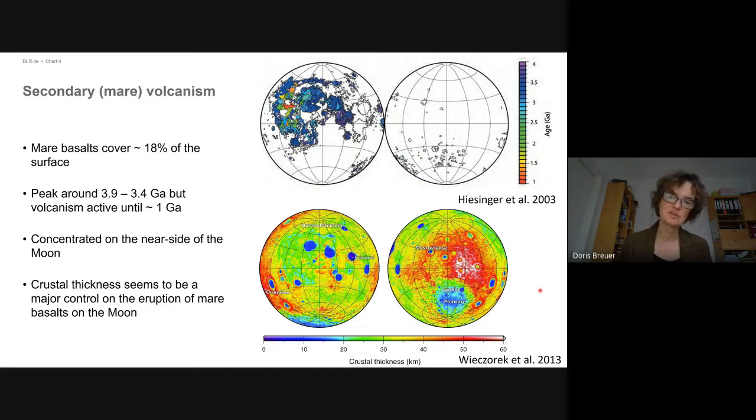There's one exception, the South Pole-Aitken basin, which has a thin crust, but even there you don't see a strong volcanic activity. So the control of the crustal thickness seems to be there, but that can't be the end of the picture.